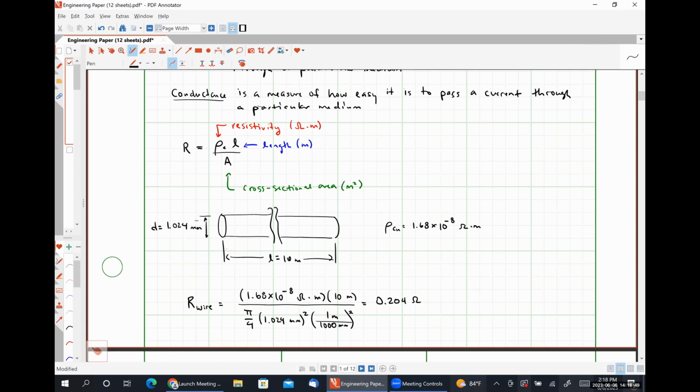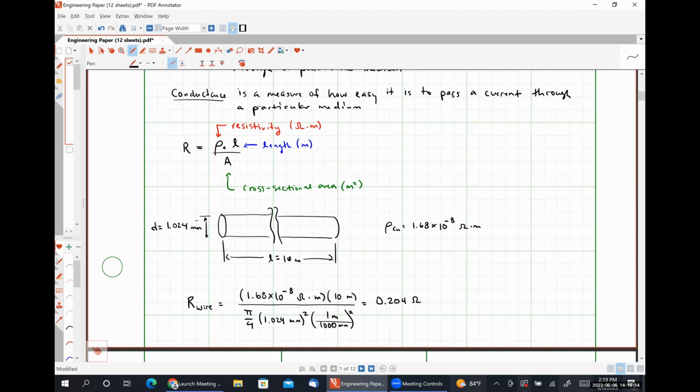Typically speaking, I can't even think of a reasonable reason to do this. If you're setting up a circuit, at least in this class, the wire length that you're going to be using is probably less than 2 to 3 inches, right? And 2 to 3 inches is significantly smaller than 10 meters.